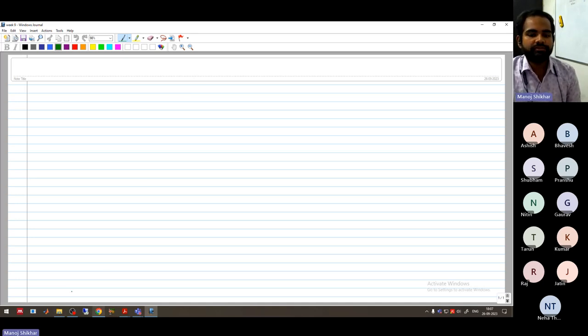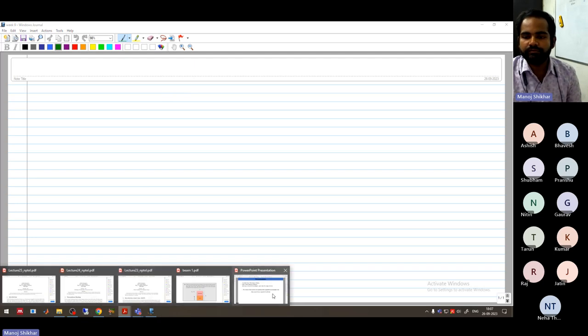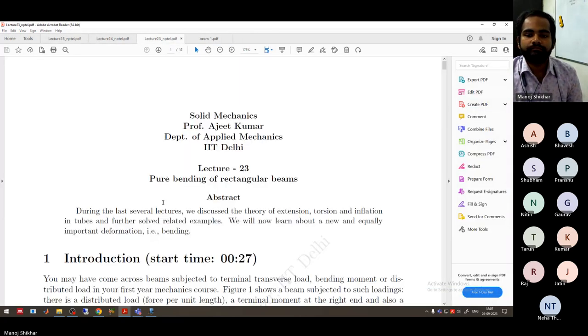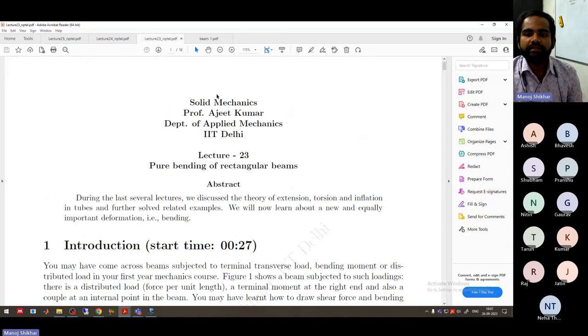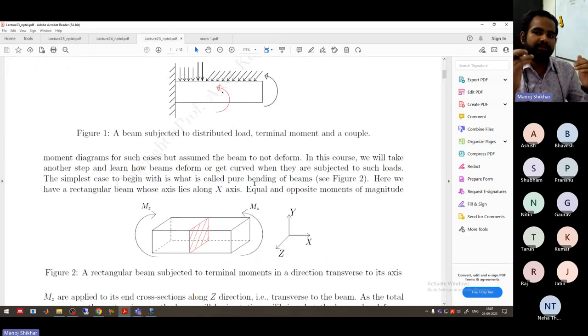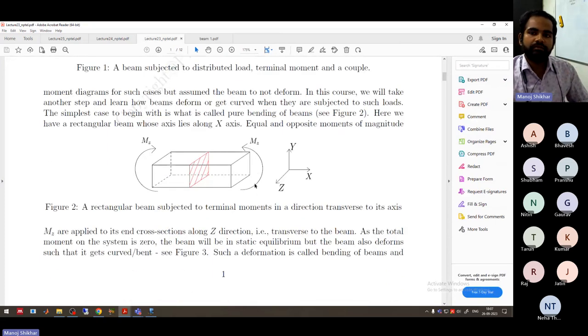Maybe we should recapitulate first, possibly a few concepts that will help. In lecture 23, pure bending of rectangular beams was discussed. In this, we assume that we are applying bending moments at the end of the beam, and the beam is not subjected to any other loading.